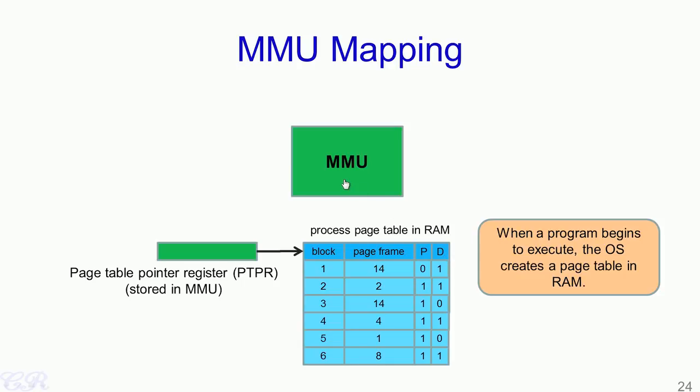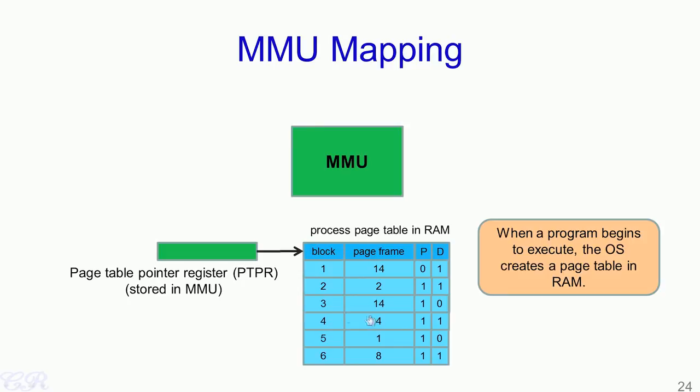Now, in the memory management unit, there is a register known as the page table pointer register or PTPR. In the Intel systems, this PTPR is known as the CR3 register, and we will see more details of this in a future video. This PTPR register present in the MMU will have a pointer to the process page table.